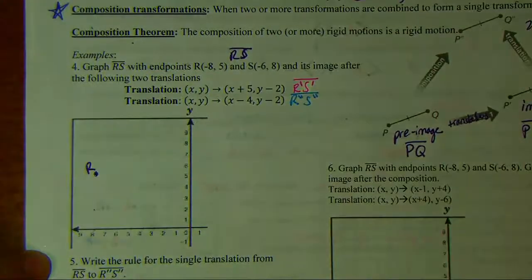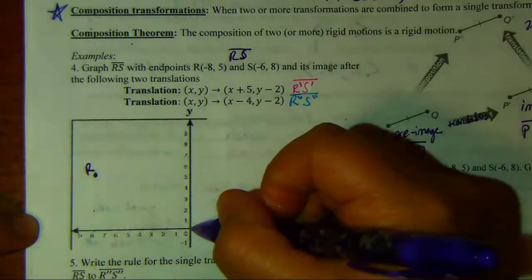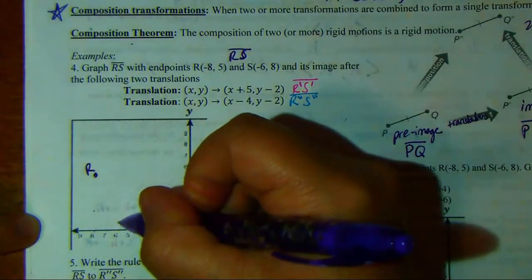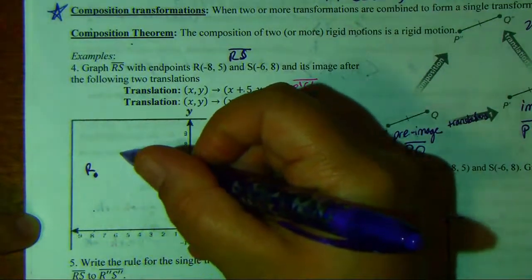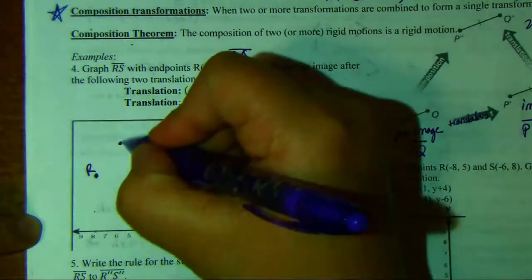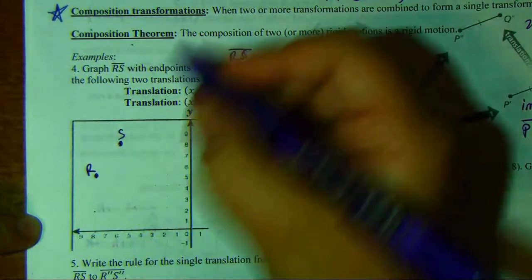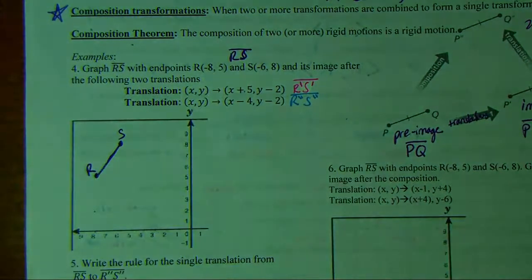I'm going to name that point R. And then I have S at -6 and 8. So 1, 2, 3, 4, 5, 6, 7, 8 right there. Okay, so there is S, and I'm going to connect these so that I have my segment RS.